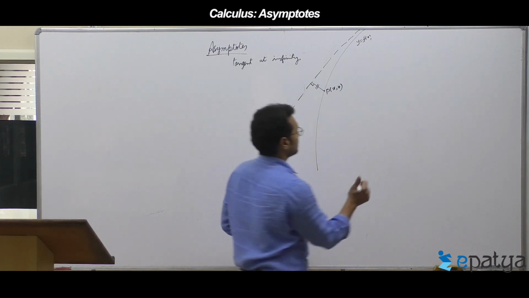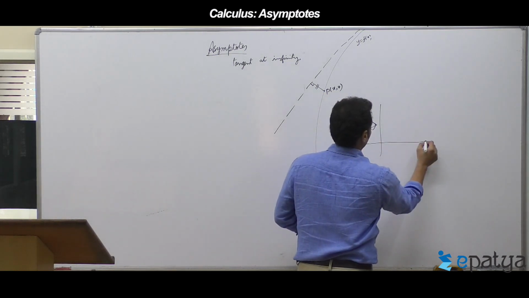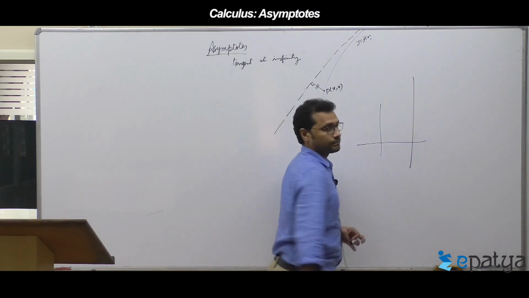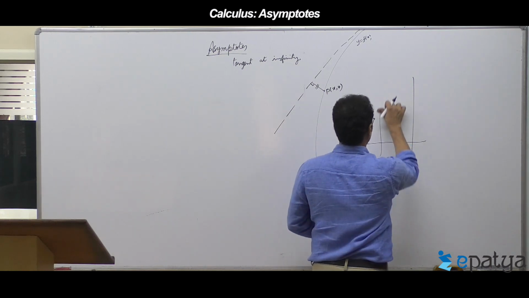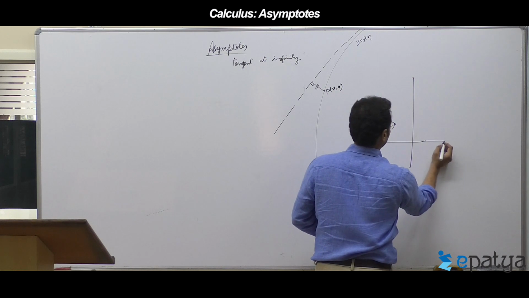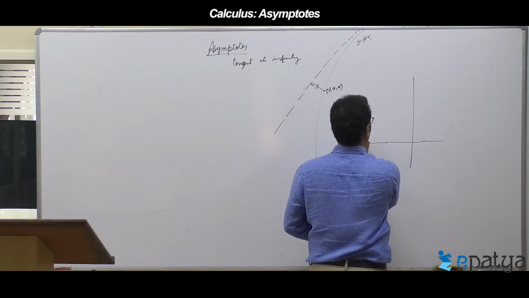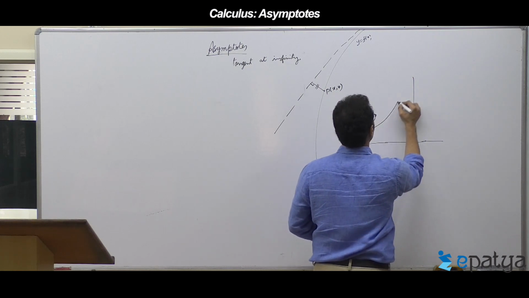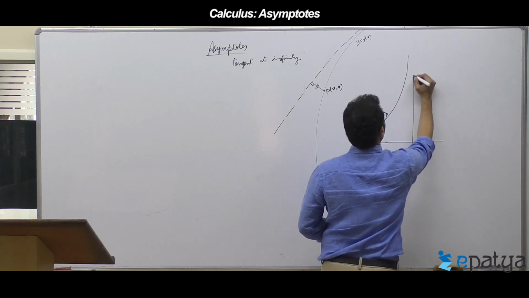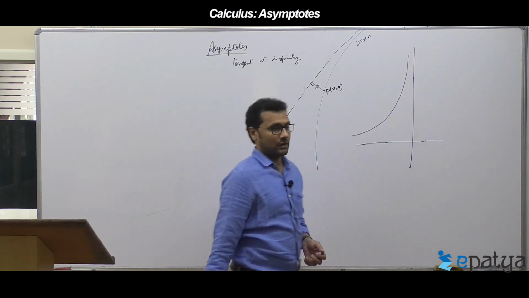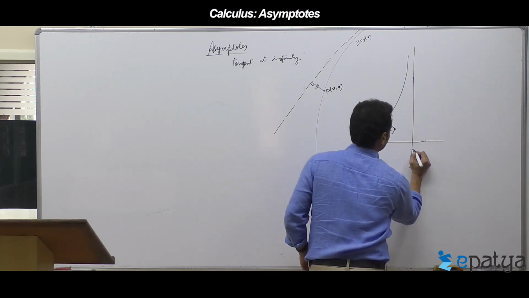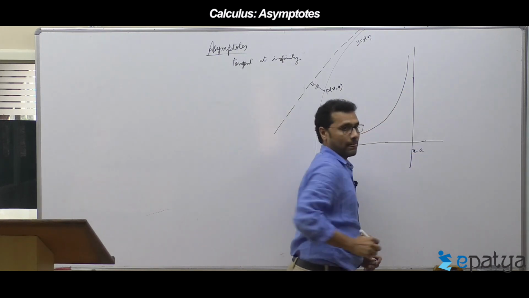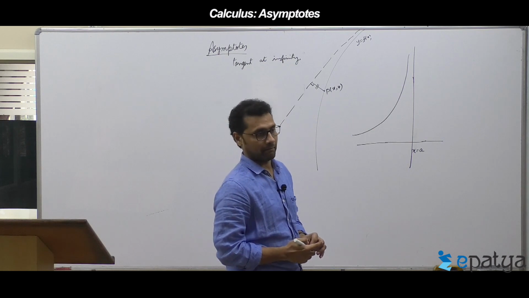One type of asymptote is a vertical asymptote. Sometimes the curve looks like this. Somewhere it comes and goes like this, keeps going like this. I don't know where it has come from. But suppose this is x equal to a.